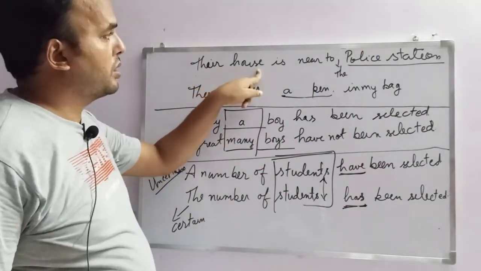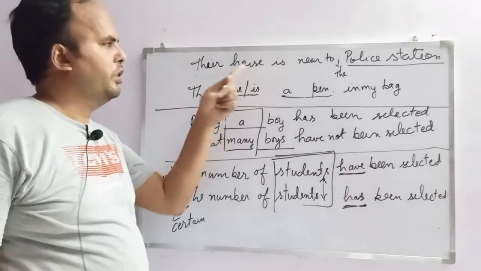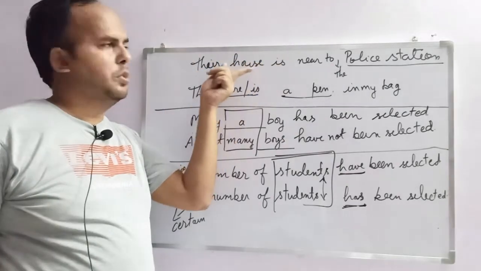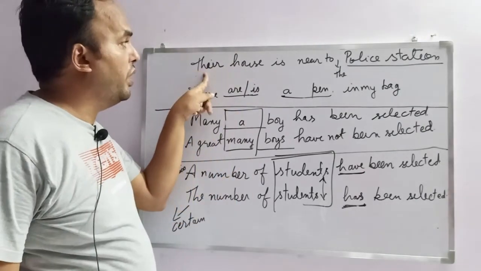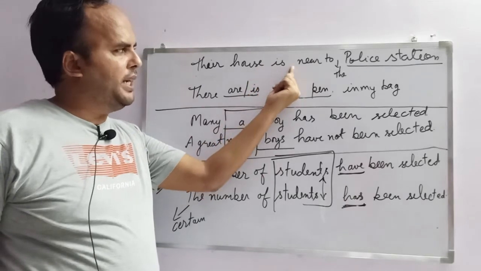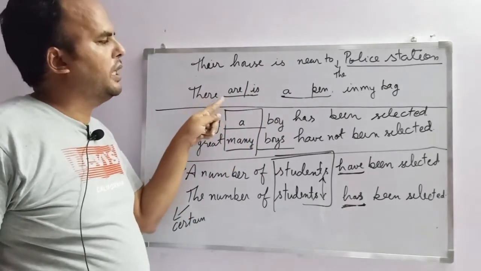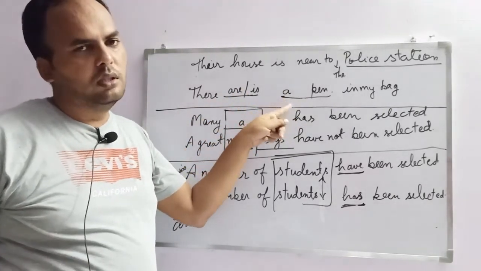So their house, singular, therefore it is singular verb. If you are using any plural, their children are, because you are using plural over here. So remember what you are using with their, you are going to use the helping verb according to that. With this there, there, there, you are going to use helping verb according to the next word.